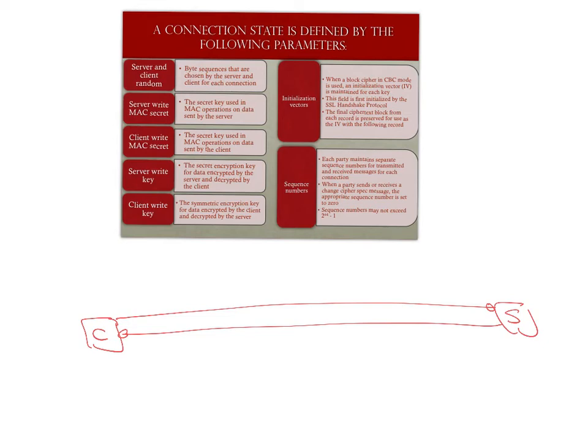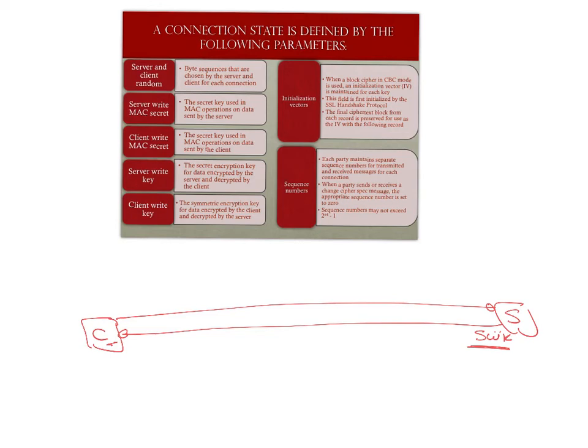So you have server write key. What does server write key mean? This server write key is the client read key. Right? Just the fact that it's server write key doesn't mean that it's a public key. No, it's a symmetric shared key. All of these keys are shared keys.